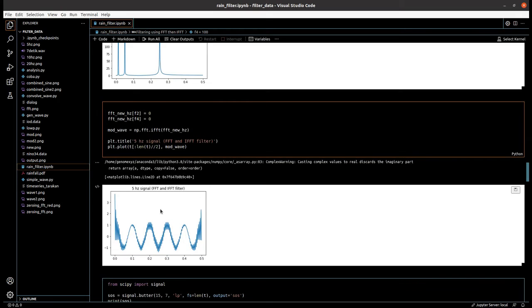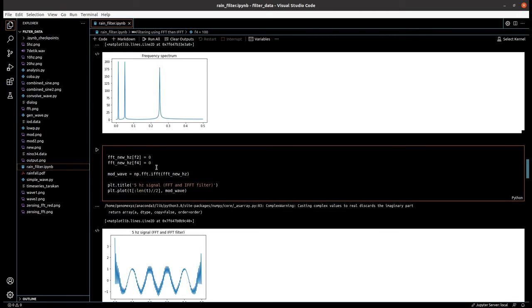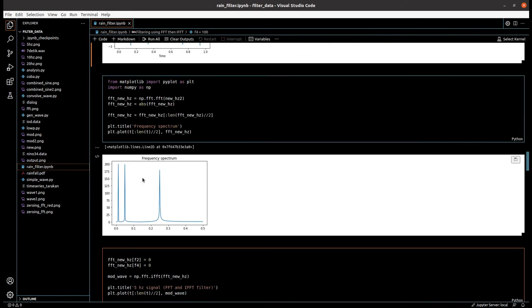Why has this happened? It happened because here you can see the frequencies that are above 0. It's not just 5, 20 and 100. It's around them too.